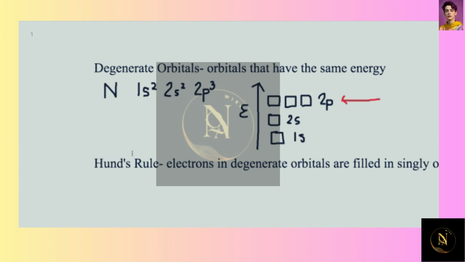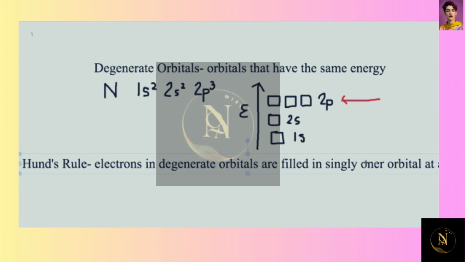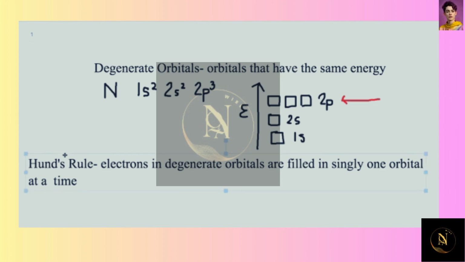We're going to slide this over so you can see it. Not only are they filled in 1 orbital at a time, they're also filled in with parallel spins.